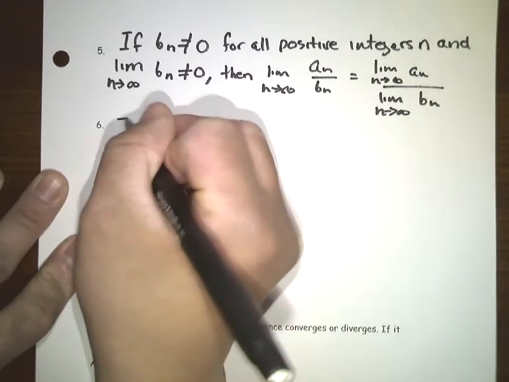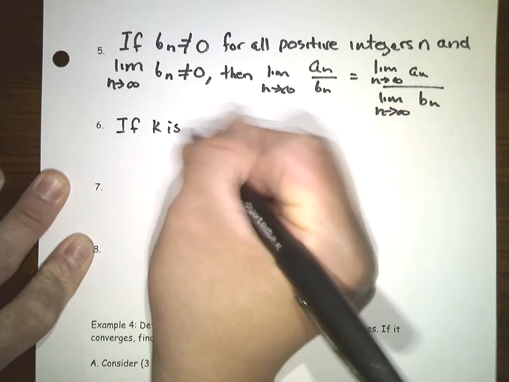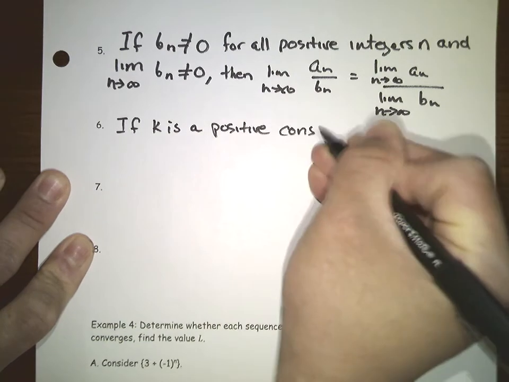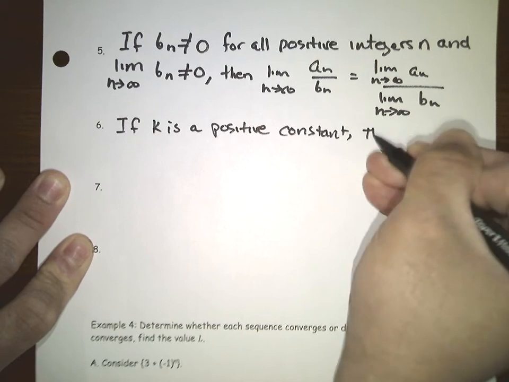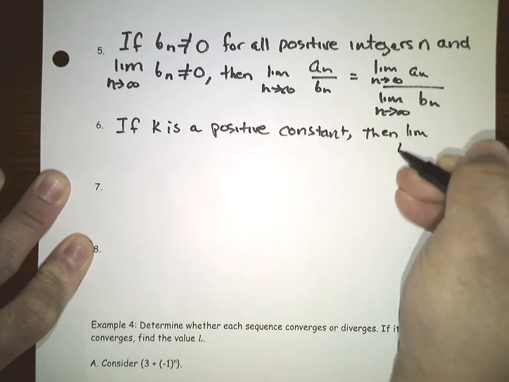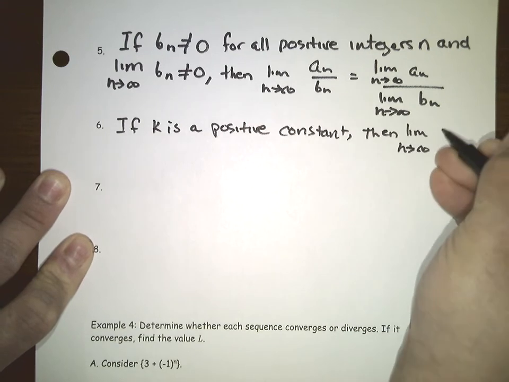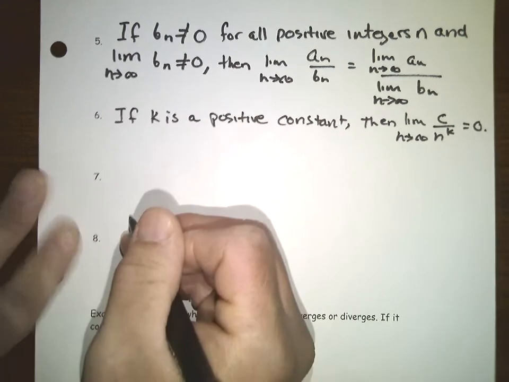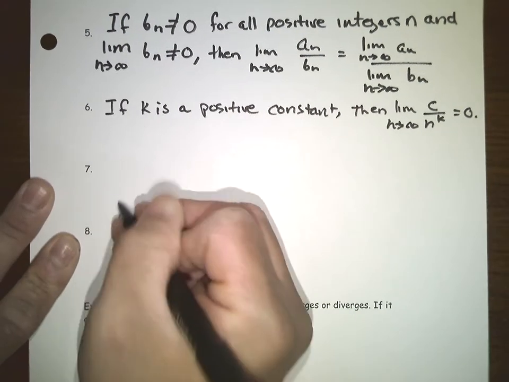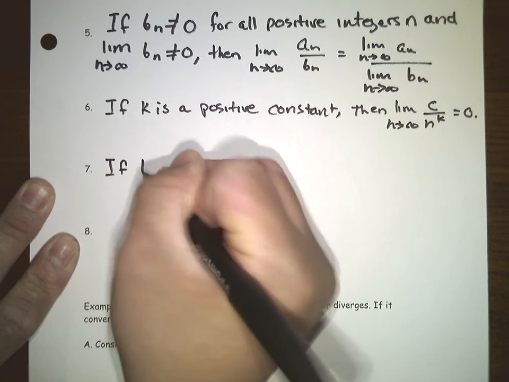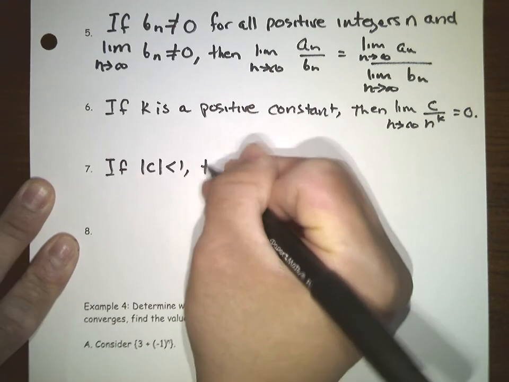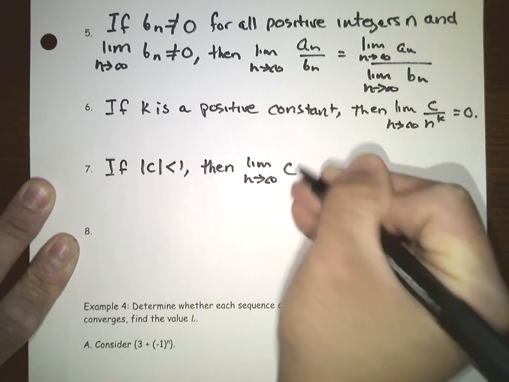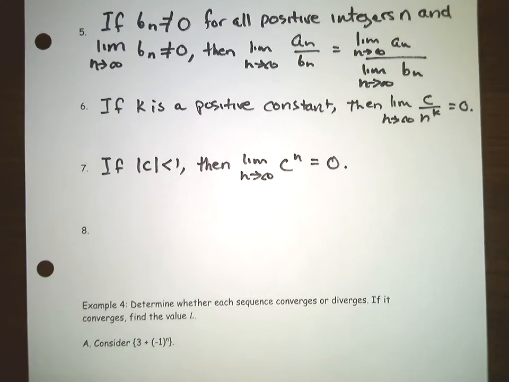So here's another one. If k is a positive constant, then the limit as n goes to infinity of c over n to the k is equal to 0. And then here's number 7. If the absolute value of c is less than 1, then the limit as n approaches infinity of c to the n is equal to 0.